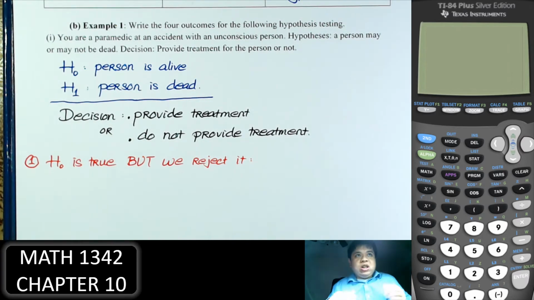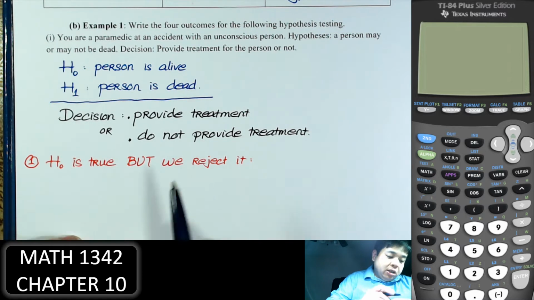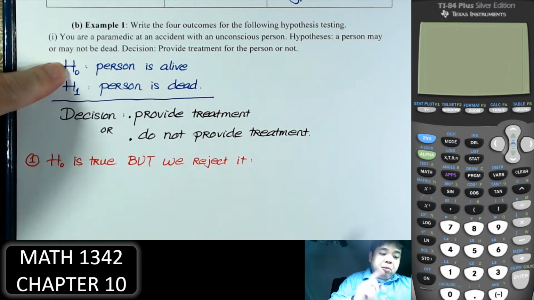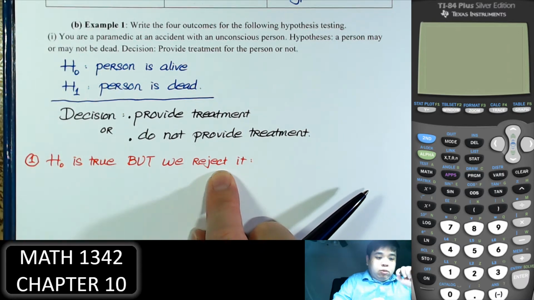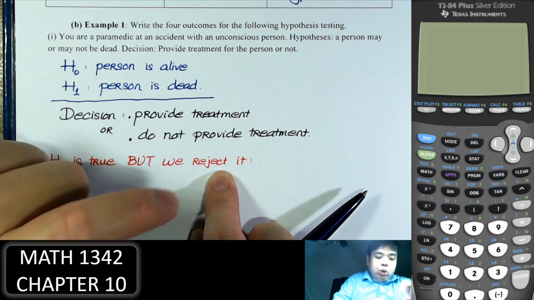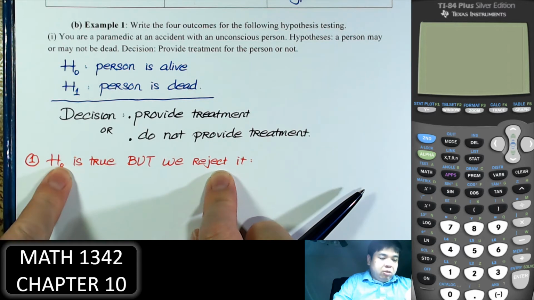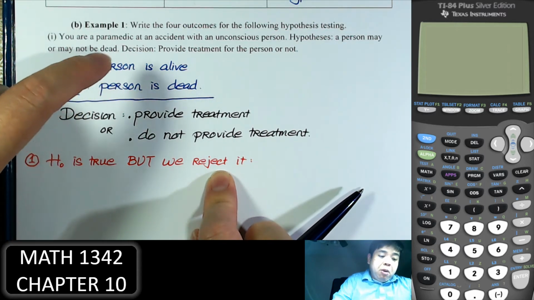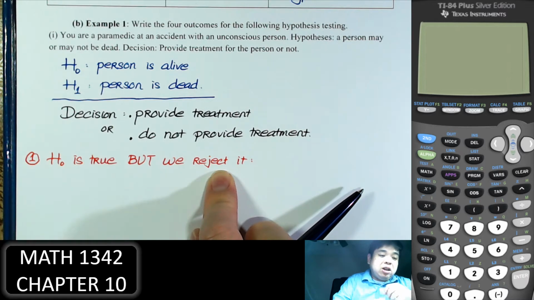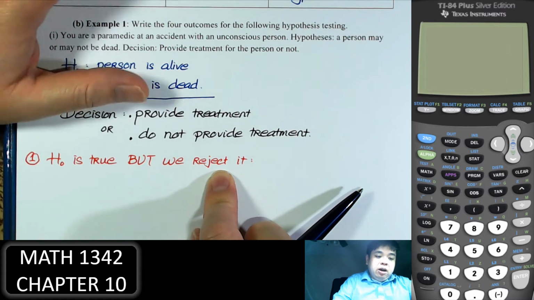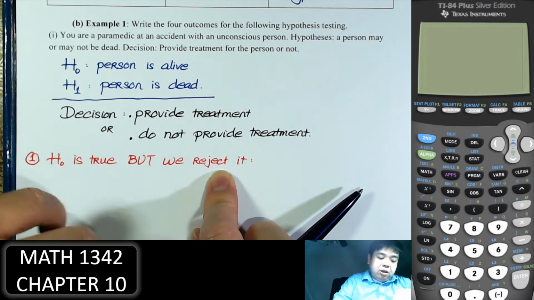What actually happened is H0 is true, meaning the person is alive. We reject that, that means we do not follow that H0 is true. That means a person is alive, but we do not provide treatment. That is the decision based on the fact that we reject that it is true.